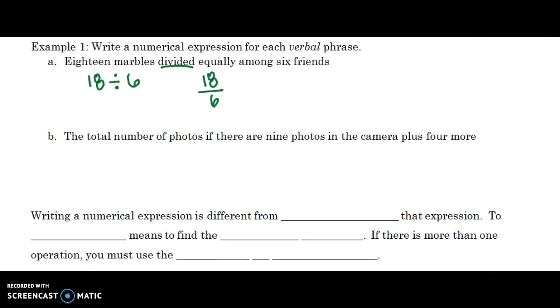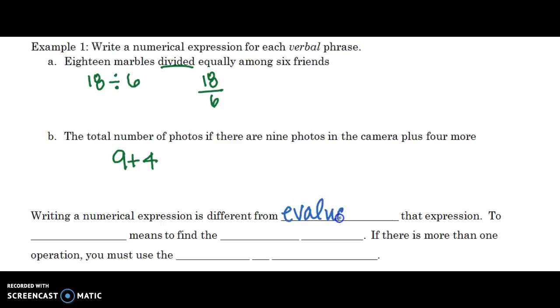So why don't you try B, the total number of photos, if there are 9 photos in the camera, plus 4 more. Try that one on your own. There it is. There's the expression. So writing a numerical expression is different from evaluating that expression.